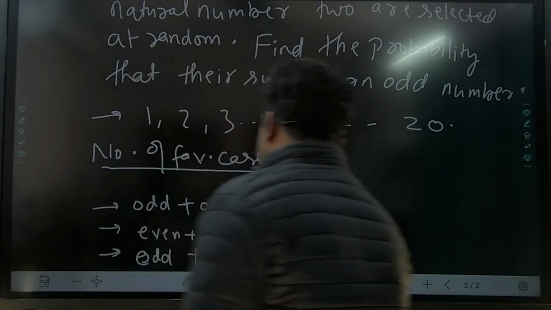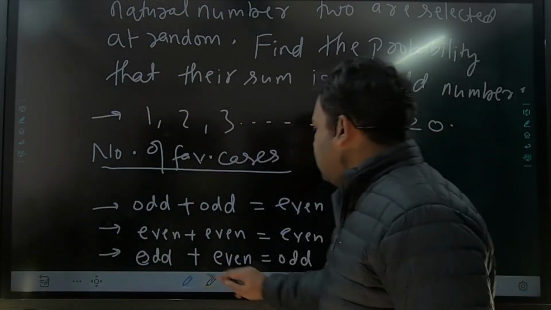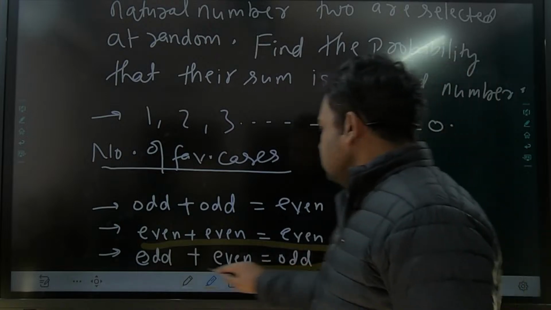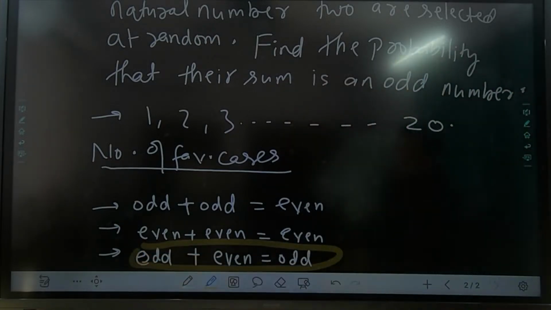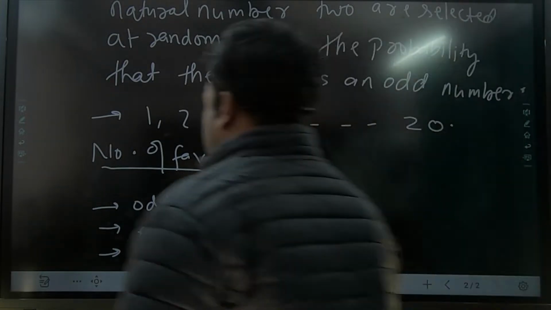So one number should be odd and one number should be even, then 100% their summation will be odd only. So we have to see how many odd numbers and how many even numbers are there from 1 to 20.